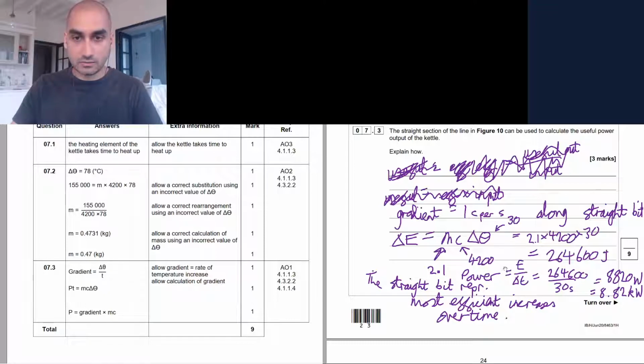It says allow calculation of gradient, which I did. Power equals gradient, and that's implied because I then did energy divided by time. I think that's correct. It just looks very different to what the marking scheme says, but it's all in there.